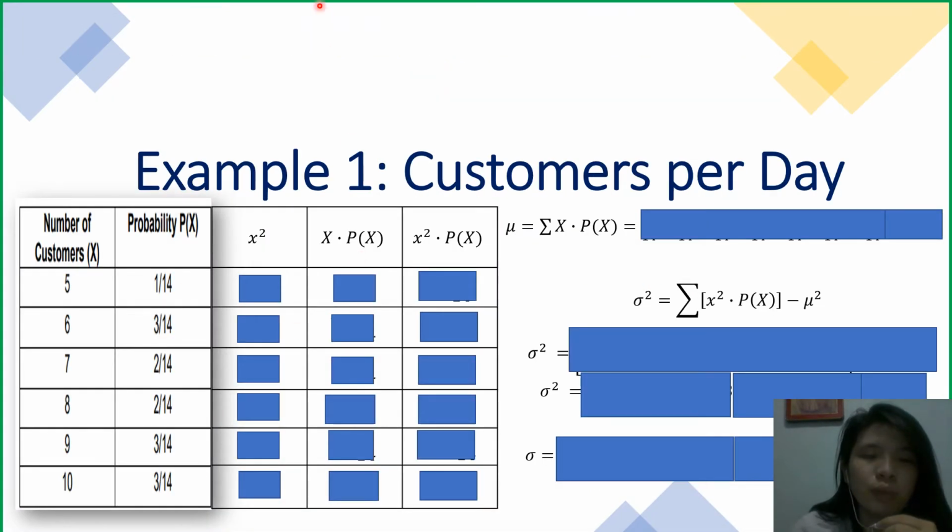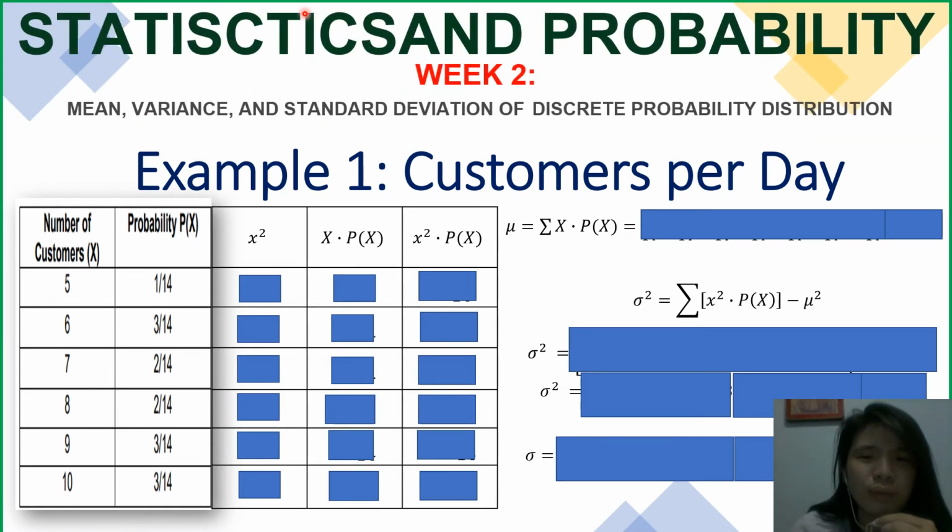So, let us proceed to example number 1 in variance and standard deviation. Madali lang siya actually. Basta sunod lang kayo sa formula. So, example number 1 is the customers per day. The number of customers here is represented as x and its probability is represented as p of x. Ngayon, yung pinagkaiba niya sa mean is yung x natin is given na, mumultiply na lang natin siya sa p of x.